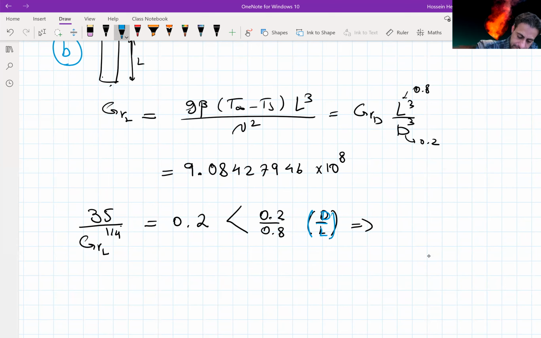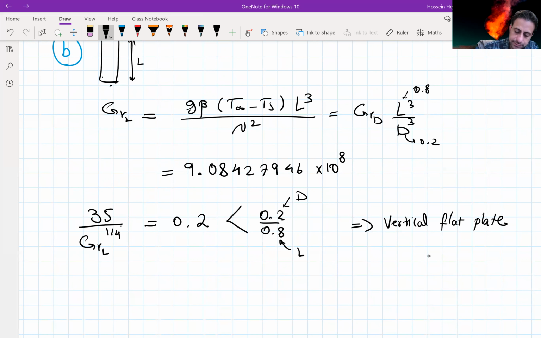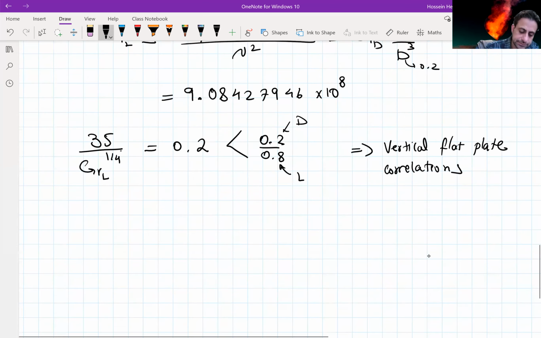D over L, this is that ratio. Let's not be confusing. This is L and this is D. And we know when this ratio holds, then we can use the vertical flat plate correlation. So I'm going to use that.